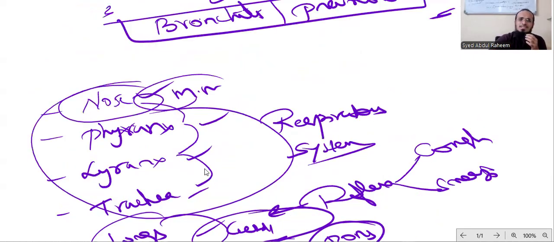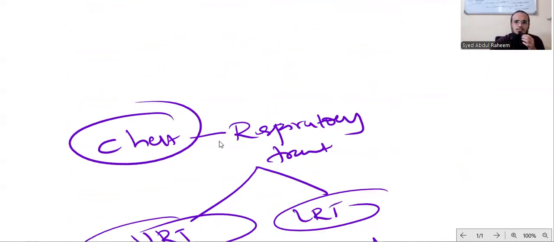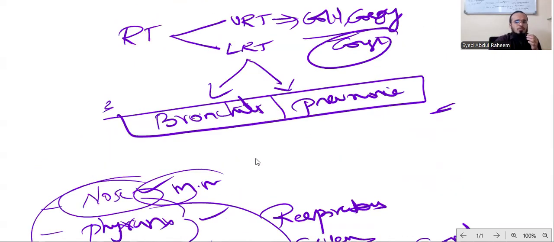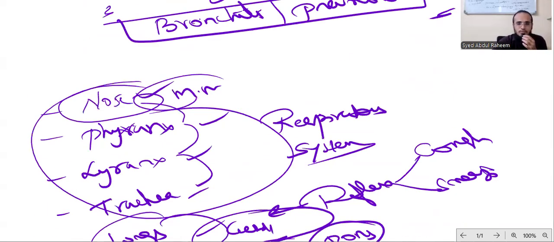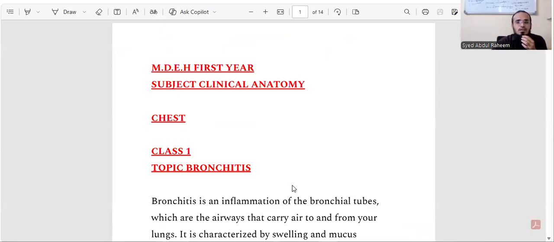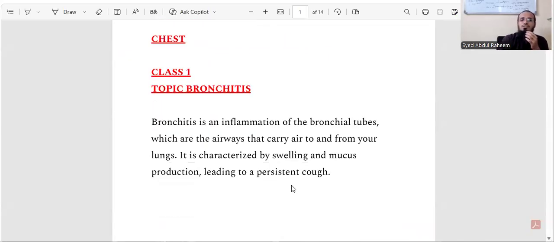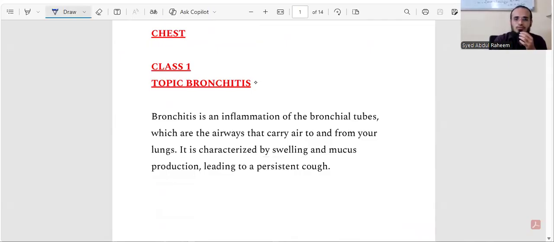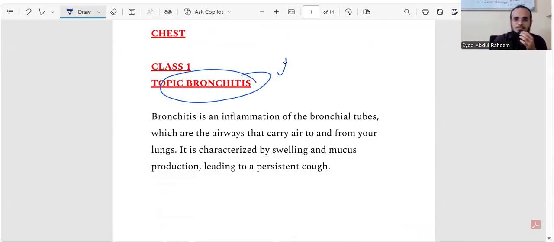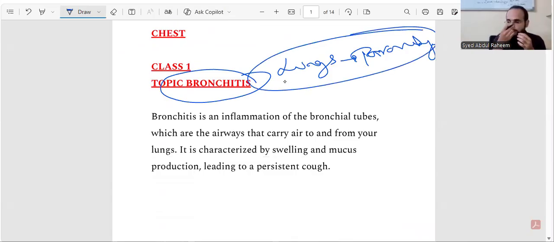Okay, so these are the basic things related to thorax, and whatever important things will come along the way, we will discuss that. So let's start the topic. First topic is bronchitis. Okay, so bronchitis is the infection of the lungs parenchyma, means the functional part of the lungs.